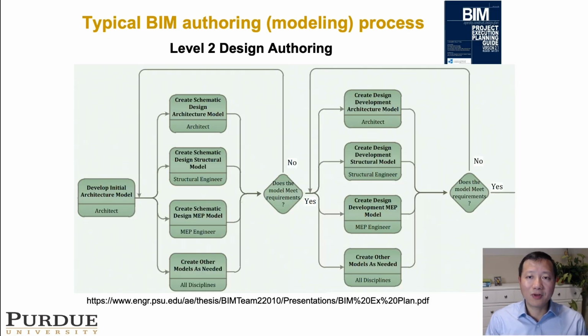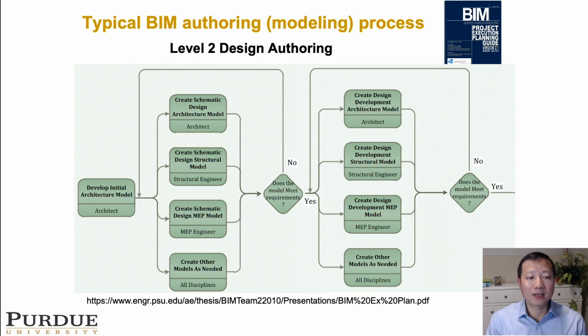So this is a figure that illustrates the level 2 design authoring process. A link to the document is provided towards the end, at the lower bottom of this slide. As we mentioned before, we start by developing an initial architectural model, and this job duty often belongs to architects.